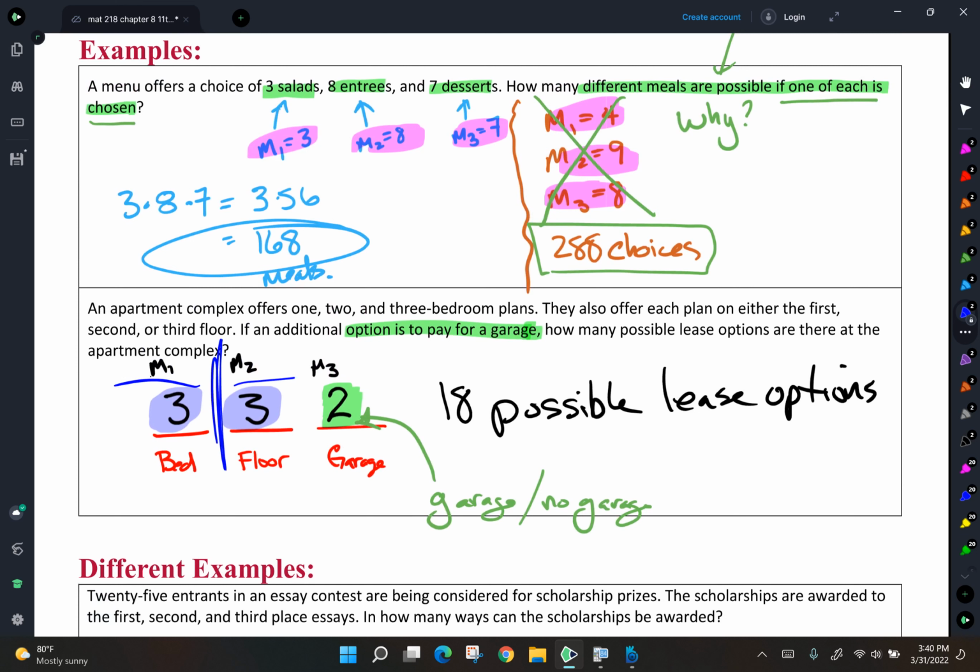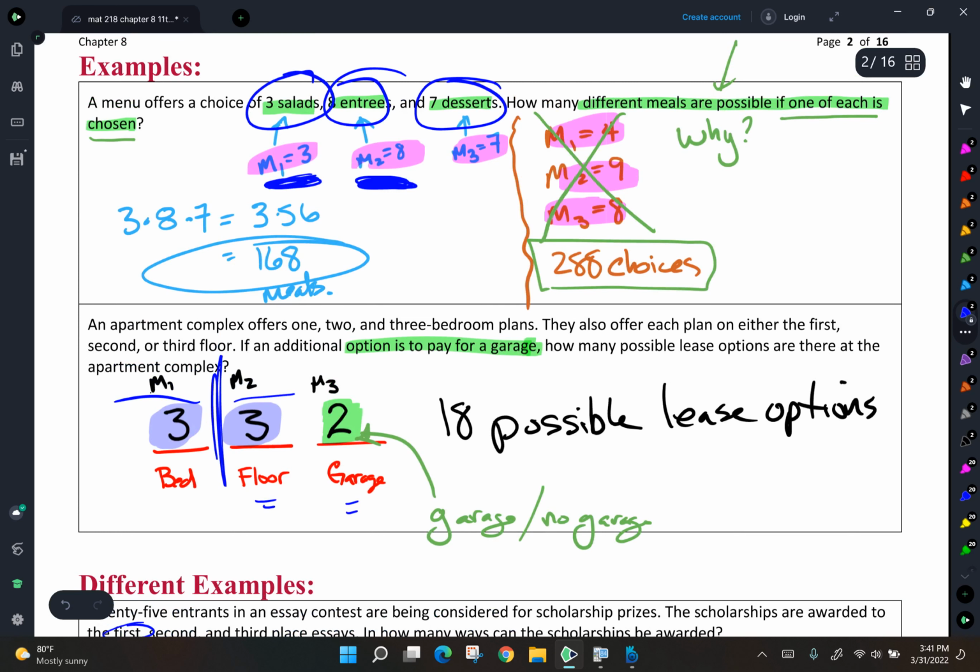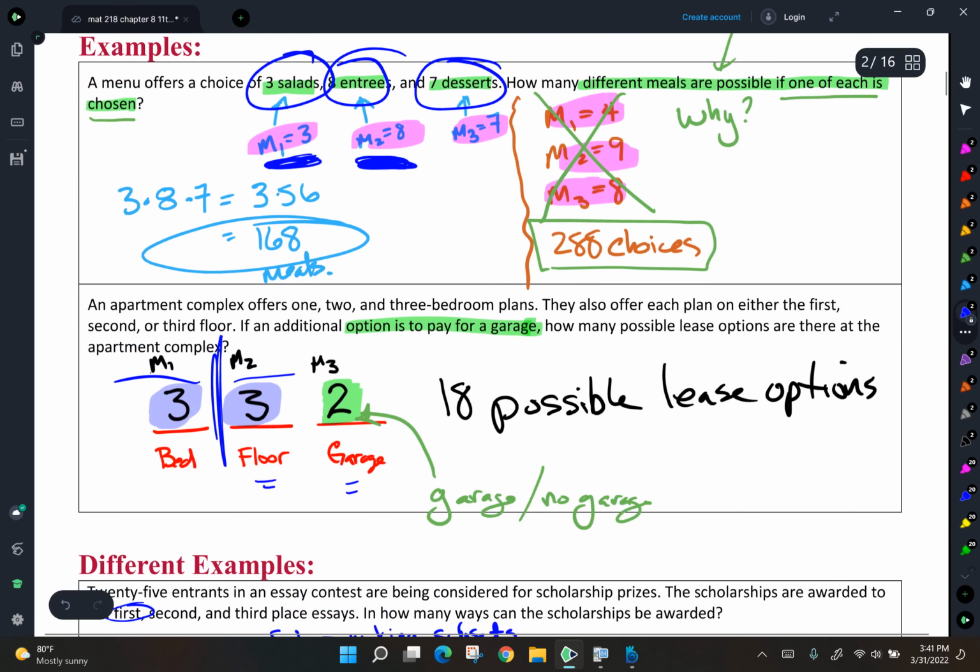In these examples, we took 1 choice from this set, 1 choice from this set, 1 choice from this set. We weren't taking multiple choices from the same set. We didn't pick 2 entrees.